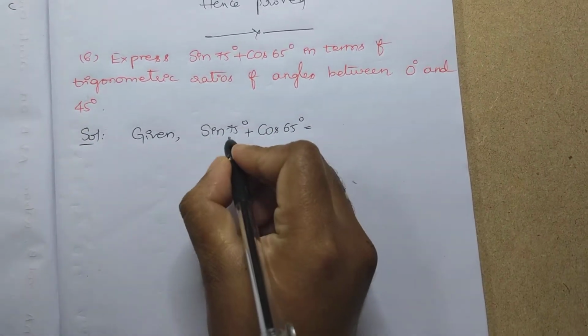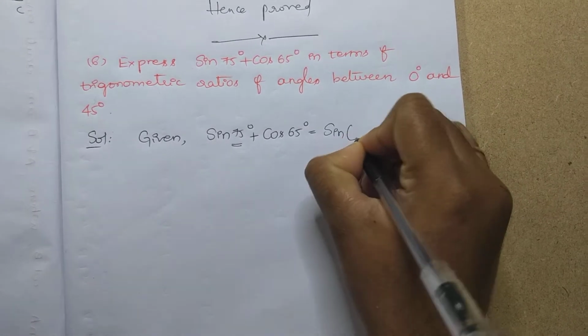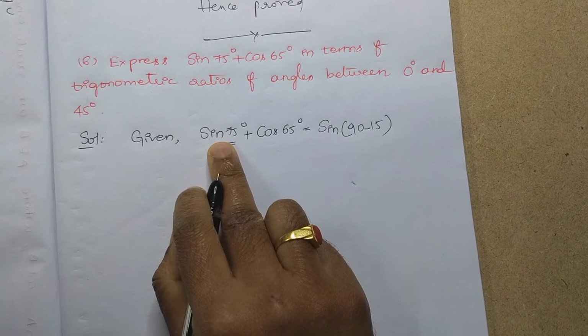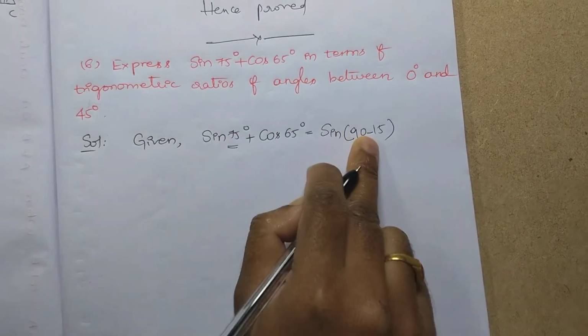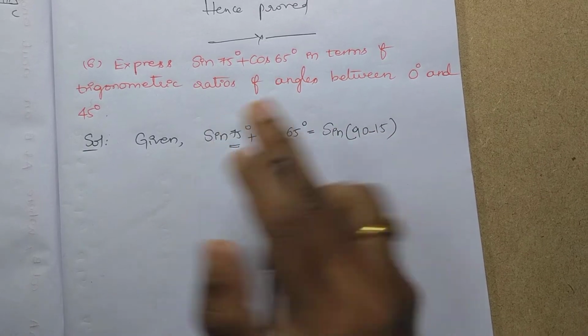How to convert that? This 75, I will write it as sin of (90 minus 15). It's nothing but sin 75, since 90 minus 15 is 75 only.